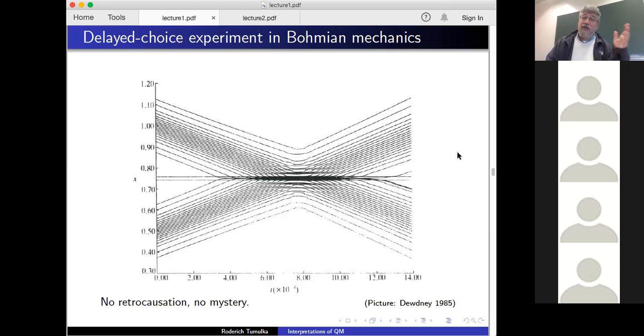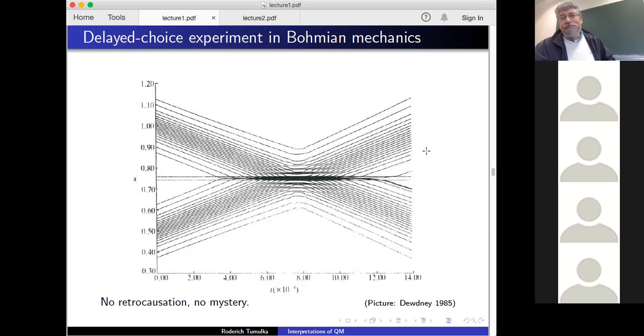Now here you see if you have both a wave and a particle, then no such influence is necessary. And nothing is left of the sense of mystery. You can also see in this picture, when you consider a cross section, let's say here, in this place where you put the plate P, there is actually an interference pattern. You can see that there are more trajectories in some regions that look like dark fringes here and fewer in other regions.